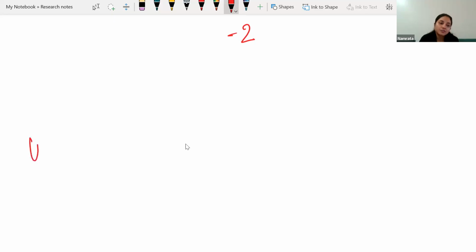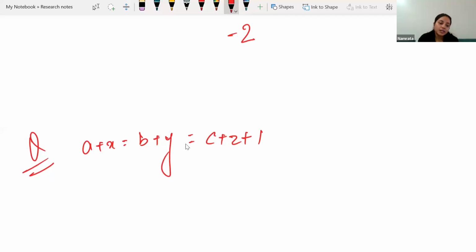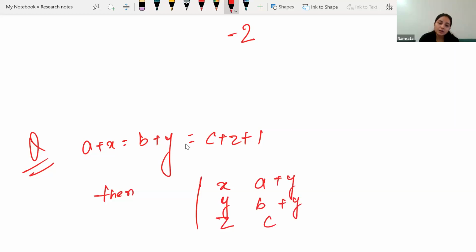Next question, we have: a plus x is equal to b plus y is equal to c plus z plus 1, where a, b, c, z are non-zero real numbers. Then we have to find the determinant of this: x, y, z, a, b, c, plus y, plus y, x plus a, y plus b, z plus c.